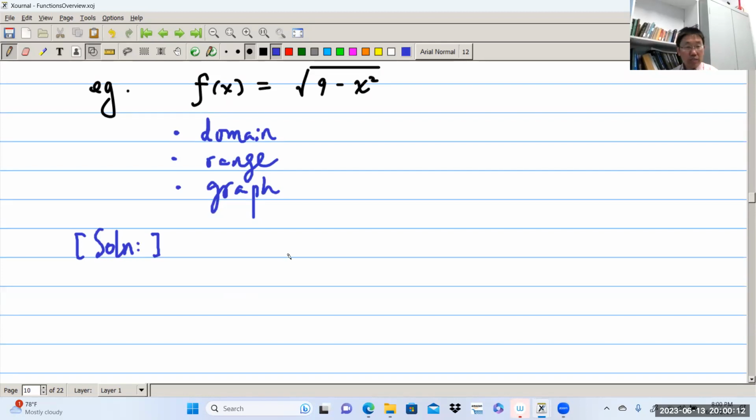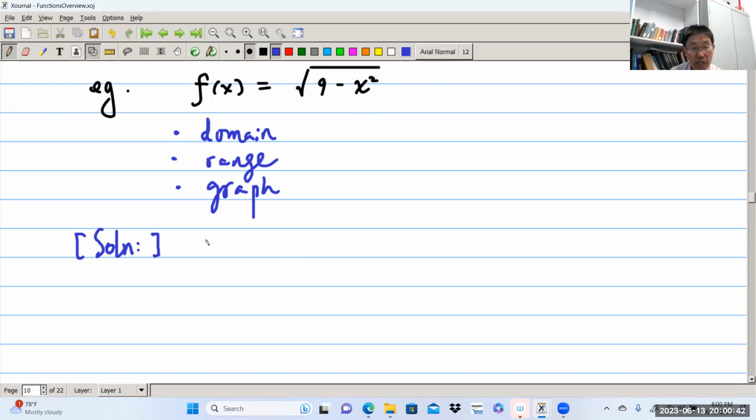So what is the domain of this function? In this case, we need to find the implied domain because the problem does not give us the domain, right? So you just need to find the domain such that this function is happy for all the values in the domain. Obviously, f of x is the square root of this quadratic expression.